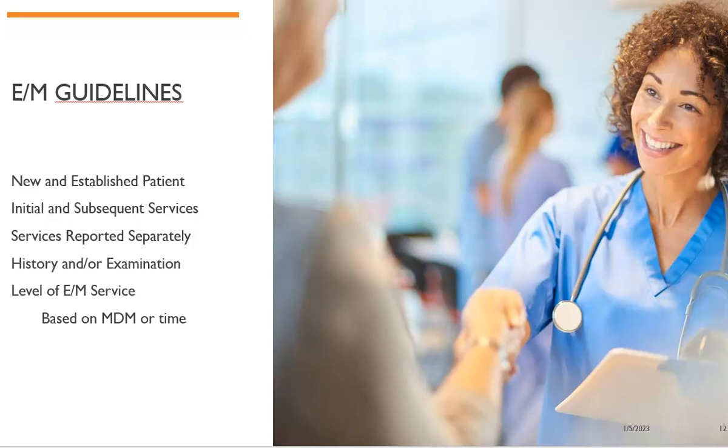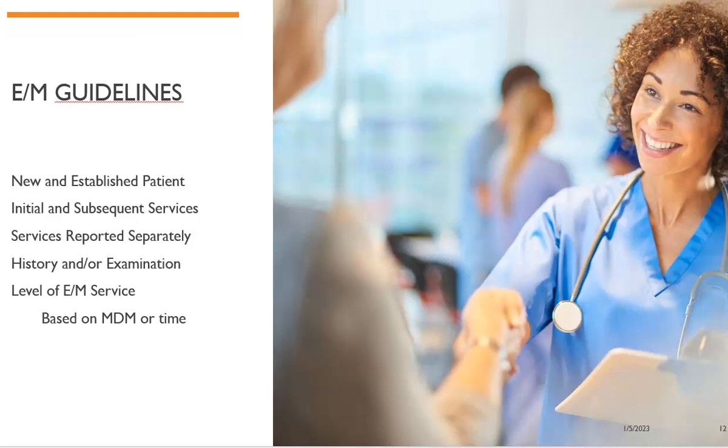So for example, if my patient is coming in to the office for a sore throat and it's a new patient, I know if I go to page 1, I look at office or other outpatient services, it gives me 99202 to 99215.